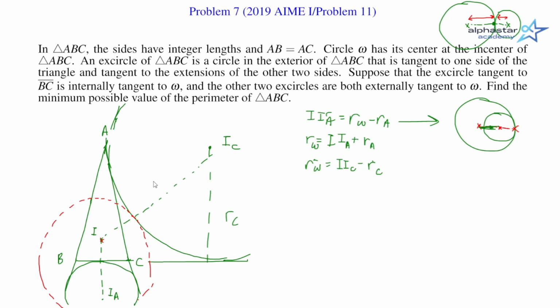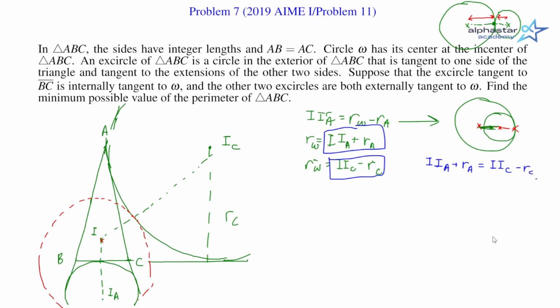The red circle that we drew really has no purpose other than to relate these lengths, because I highly doubt that this circle in particular has special properties. It just gave us this equality, that these two lengths have to be equal. So I I_A plus R_A equals I I_C minus R_C.